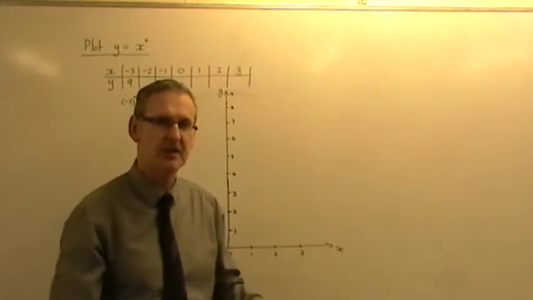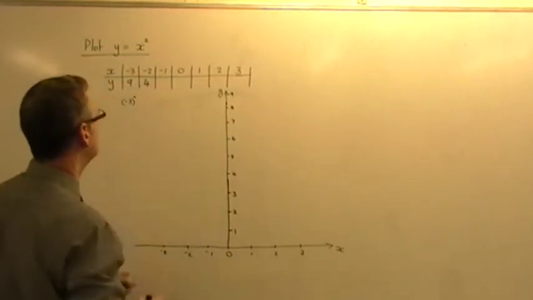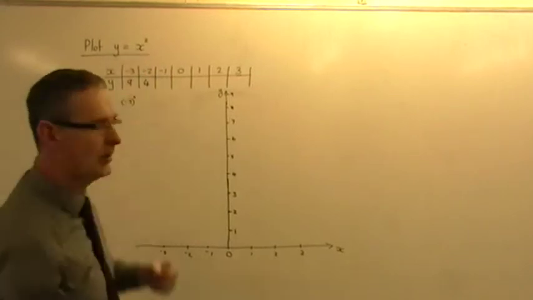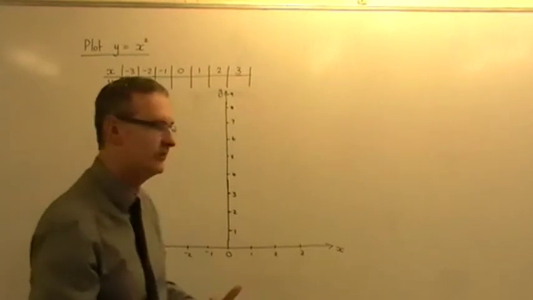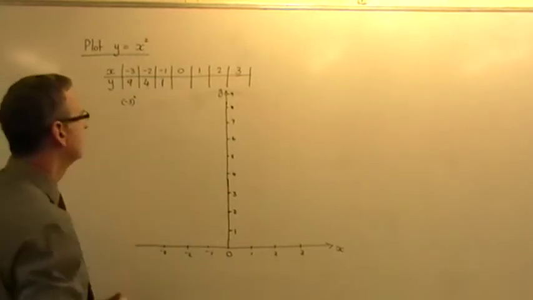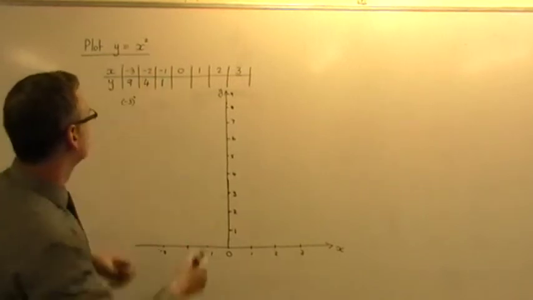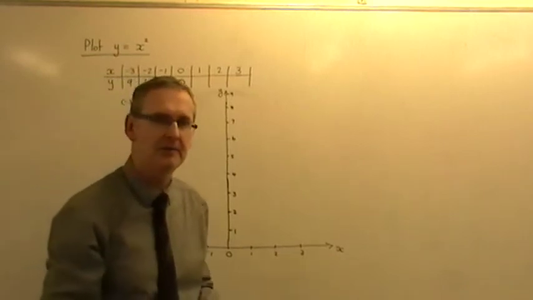So minus 2 times minus 2 is positive 4. That goes in there. Next, if x is minus 1, y will be minus 1 squared. Minus 1 times minus 1 is positive 1. That goes in there. If x is nothing, y will be nothing squared. Nothing times nothing is nothing.